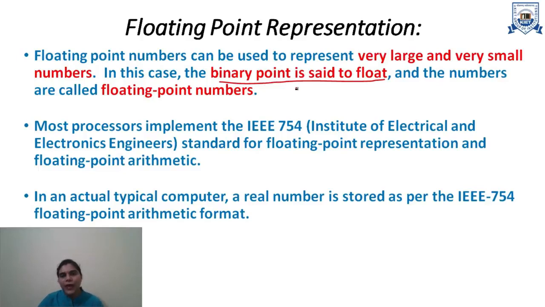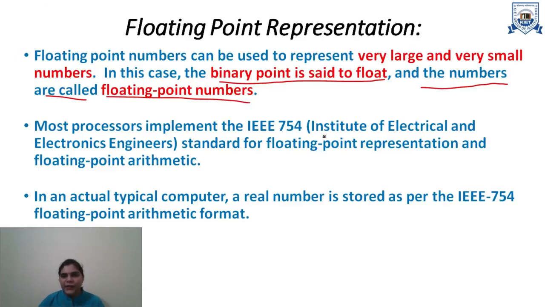It floats as the computation proceeds. So the position of the binary point is variable and the numbers are called floating point numbers.